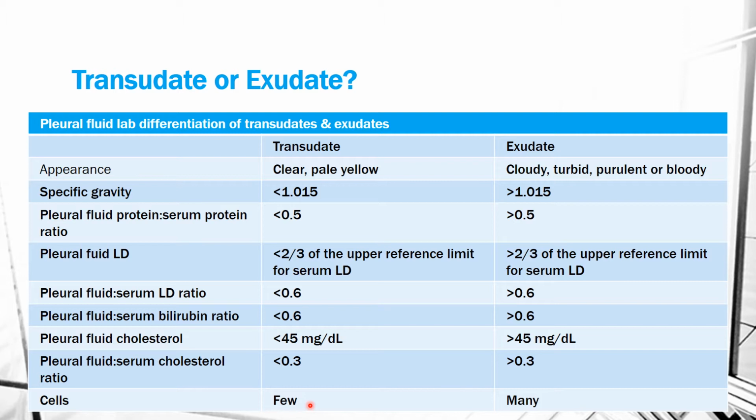Transudates do still occur, but what's their number one cause? Well, there's usually some kind of organ problem that would lead to the transudate production. So, for example, congestive heart failure, CHF. It's not uncommon for you to see a buildup of fluid around the heart of somebody who has congestive heart failure.